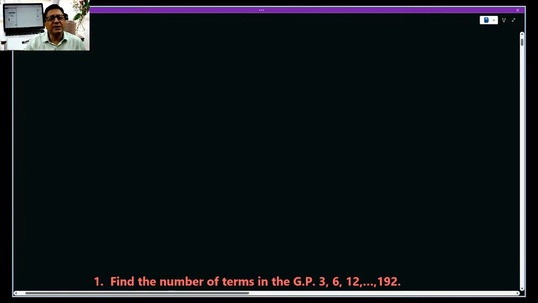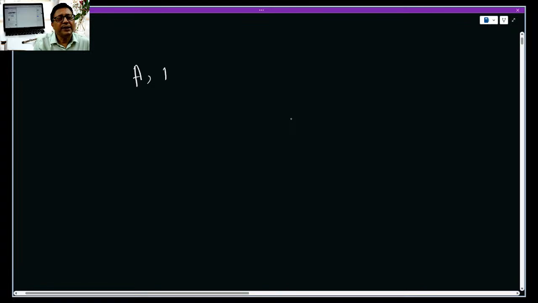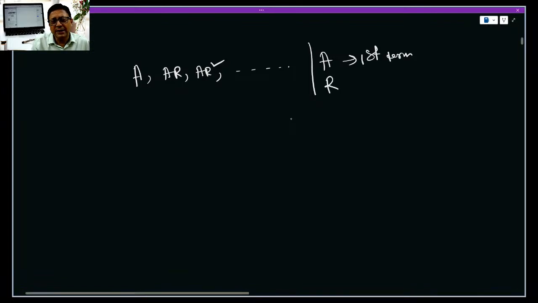So standard geometric progression, the way I have taken here, you remember it. A geometric progression can be taken as A, AR, AR square, in this manner. We have referred to this A as the first term and R the common ratio.